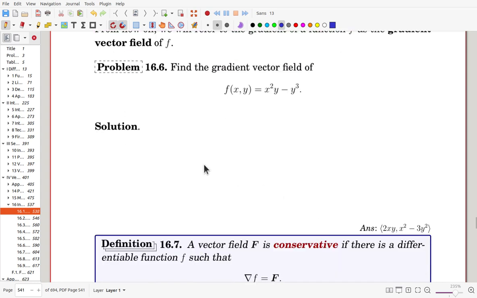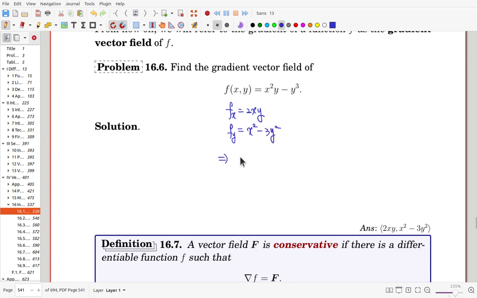Okay, let's see this problem. Find the gradient vector field of the function. So f sub x, the x derivative, is 2xy, and f sub y, the y derivative, is x squared minus 3y squared.